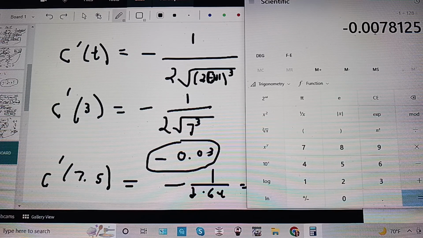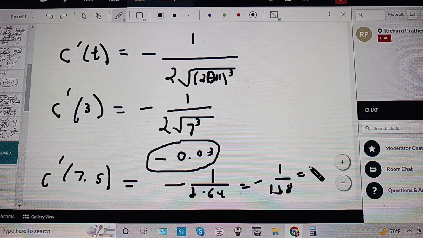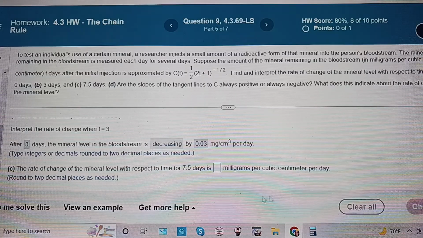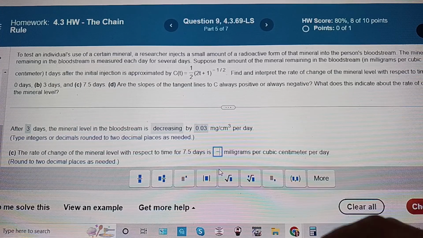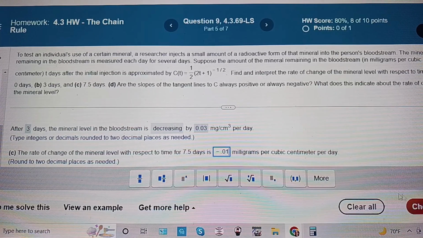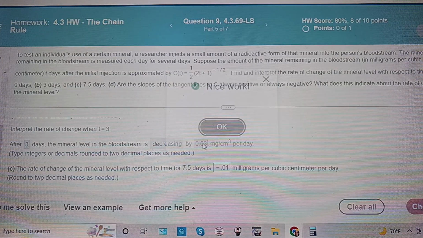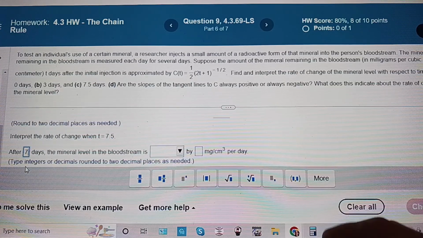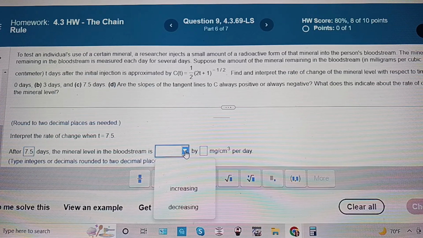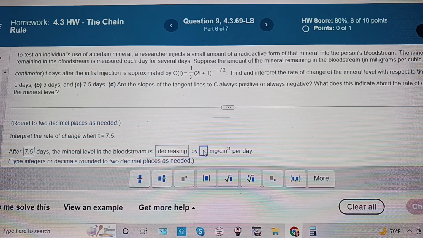And we're going to round to 2 decimals, so negative 0.01. So that one will be decreasing by 0.01. The answer is negative 0.01, but then it's decreasing by 0.01 after 7.5 days.